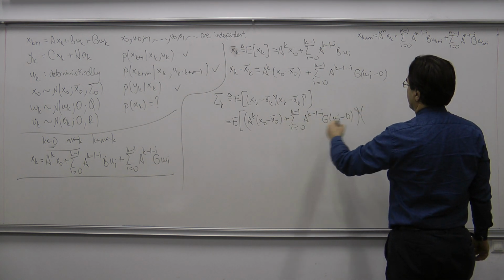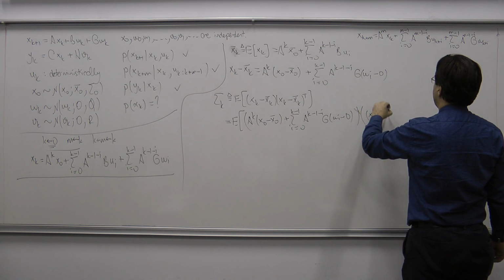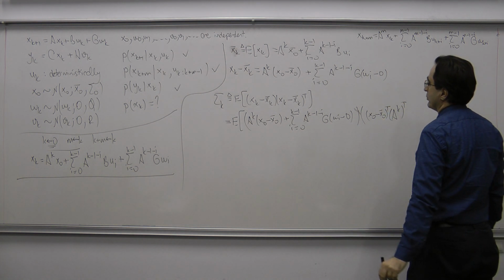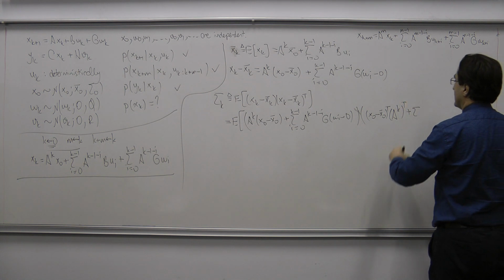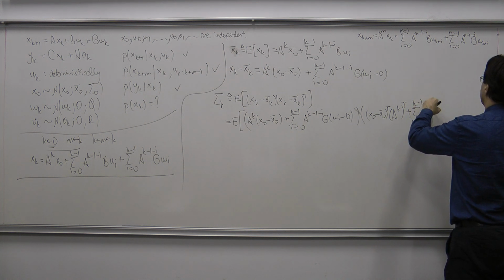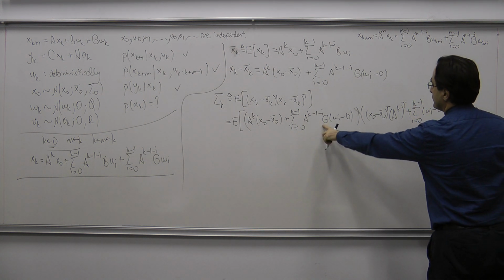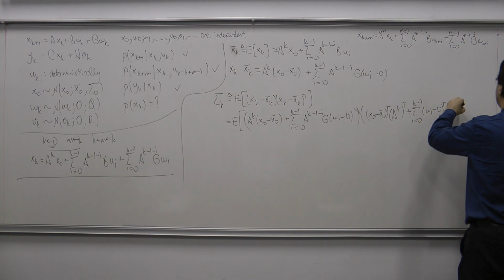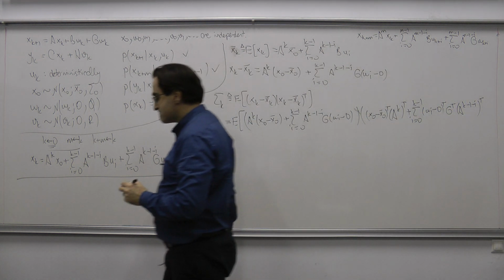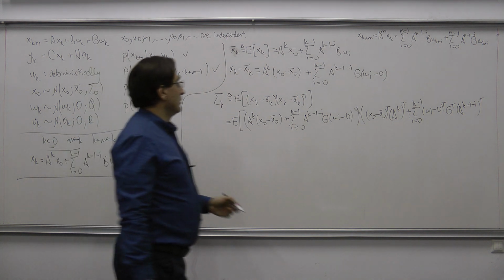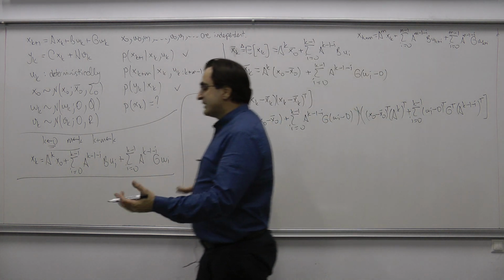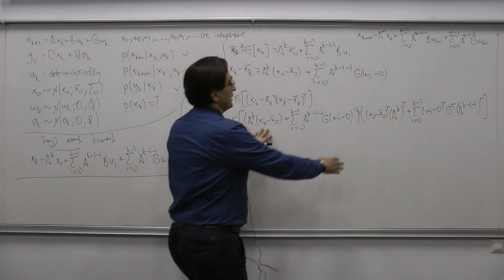So let us take the transpose here: x0 minus x0 bar transpose, and I have a^k transpose here, plus the summation, i from 0 to k minus 1, wi minus 0 transpose, and I have g transpose, and I have a to the k minus 1 minus i transpose. Okay? So maybe I should also close the brackets of the expected value. Now think that you are multiplying these terms one by one.